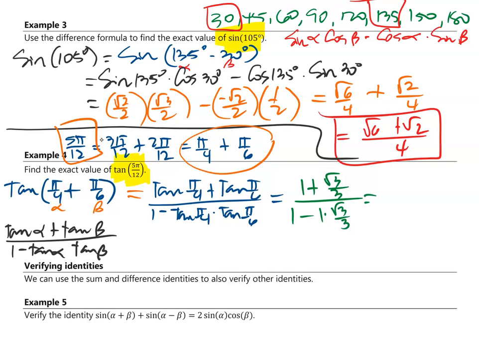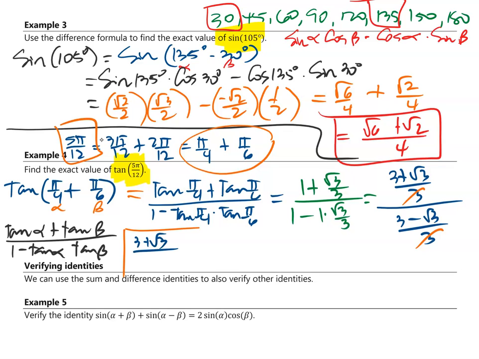Then we simplify this. 1 plus square root of 3 over 3 is 3 plus square root of 3 over 3, all over 3 times 1 is 3 minus square root of 3 over 3. So that becomes 3 plus square root of 3 over 3 minus square root of 3.